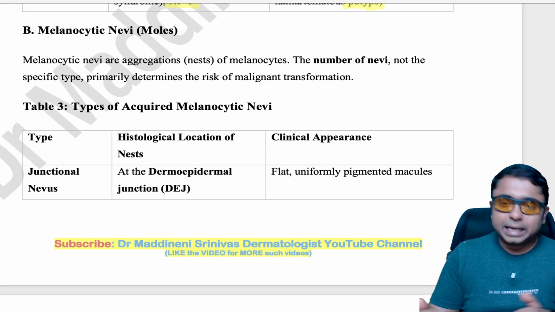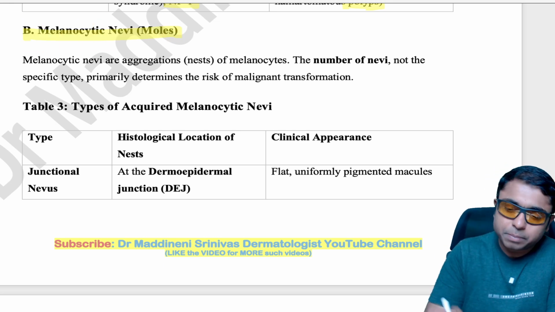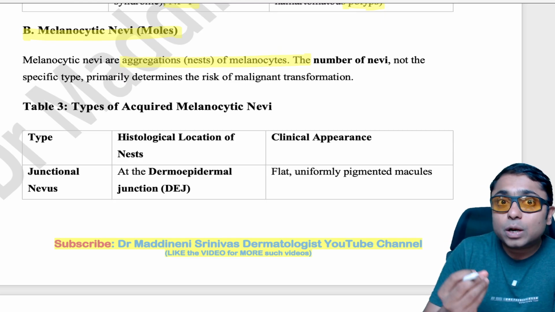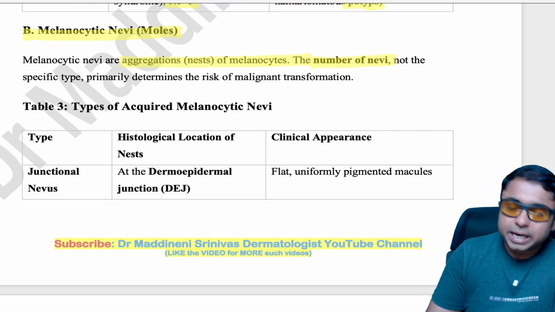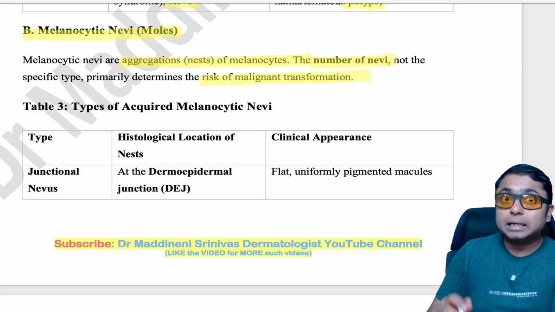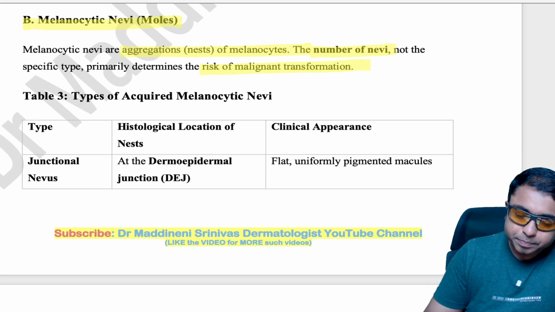Coming to the melanocytic nevus, just remember a few important points. Whenever you see this term nevus, it simply means they are aggregations or nests of melanocytes, and the number of the nevi, not the specific type, primarily determines the risk of malignant transformation. This is also one important point to remember, right?